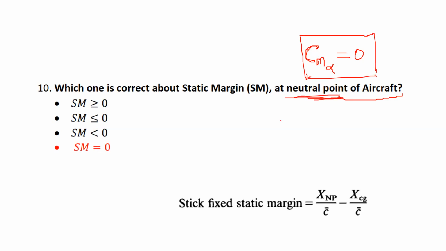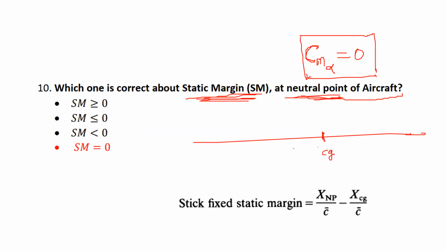Okay. Now, static margin is another quantity. This is the fuselage center line. This is, let's say, the CG of the aircraft.